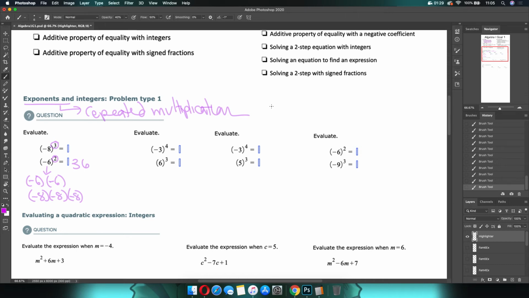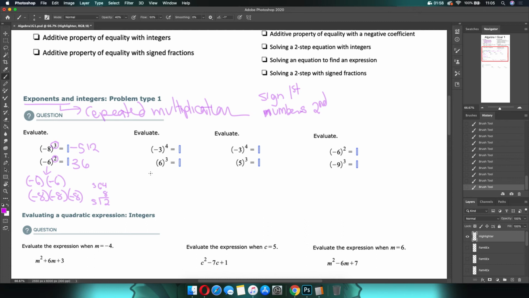Again, you always want to do your sign first, so you don't get lost, and then you're going to do the numbers second. So we have negative times a negative is a positive, positive times a negative is a negative. Okay, 8 times 8 is 64. What is 64 times 8? 512.